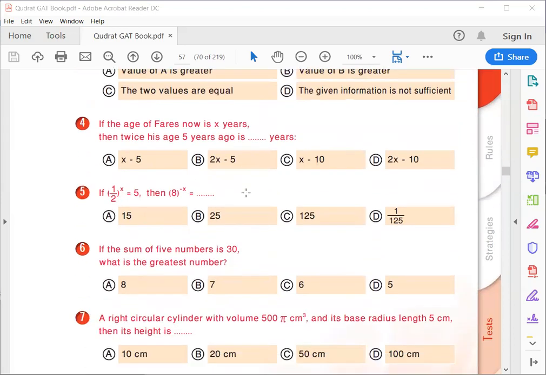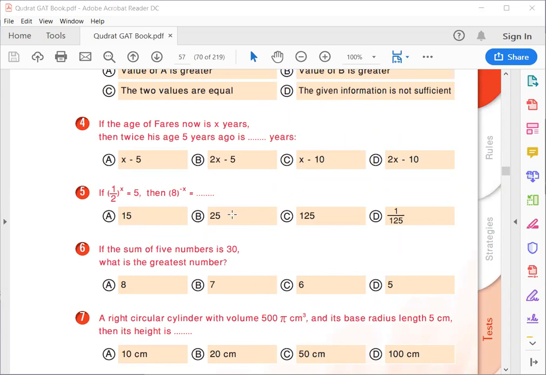Question number 4. If the age of Varys now is X years, then twice his age 5 years ago is what?